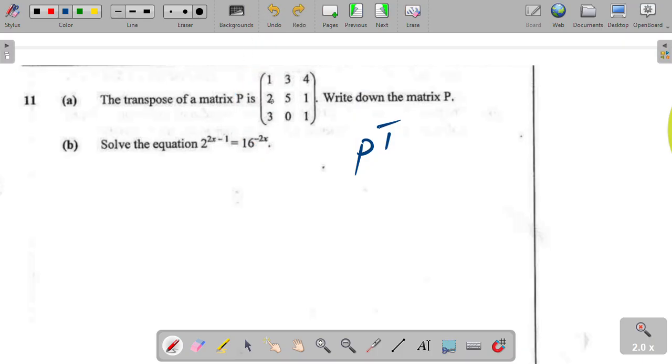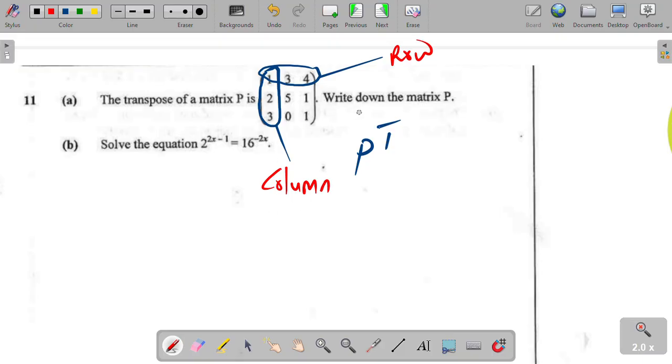So this side here, these numbers 1 3 4, this is what we call a row. And these numbers here, 1 2 3 down here, this is a column.